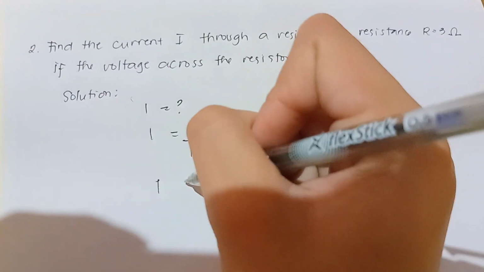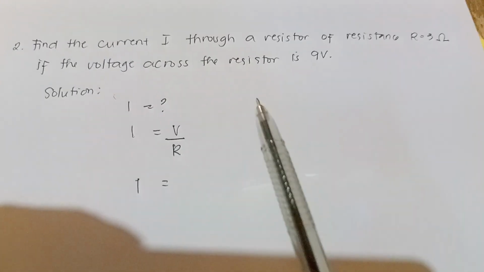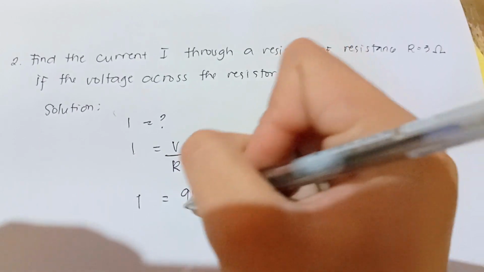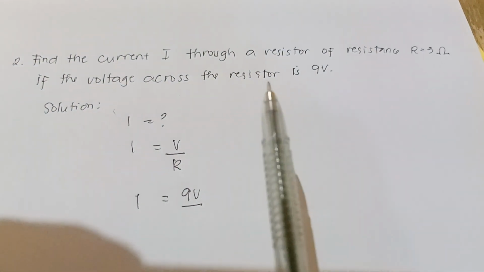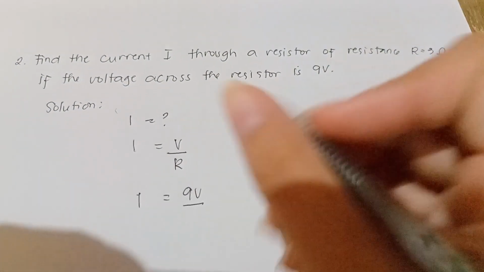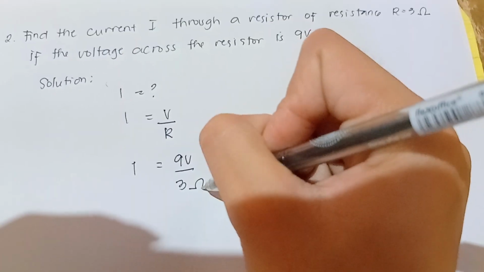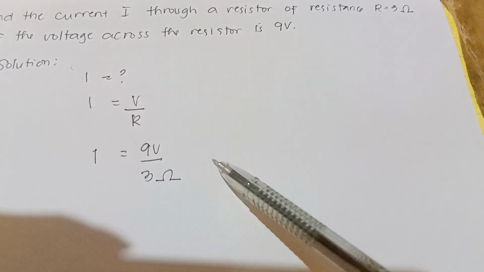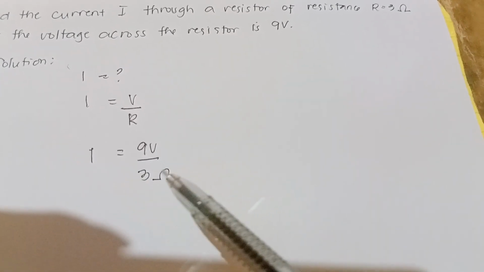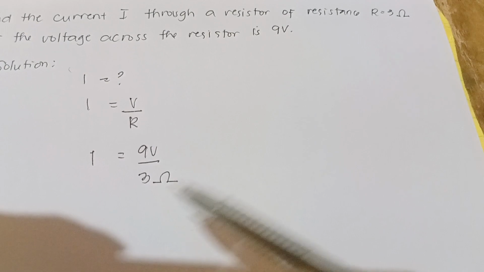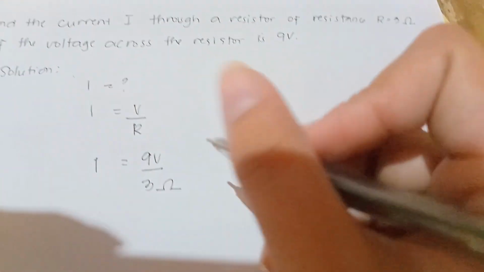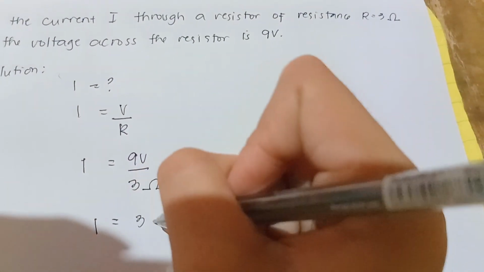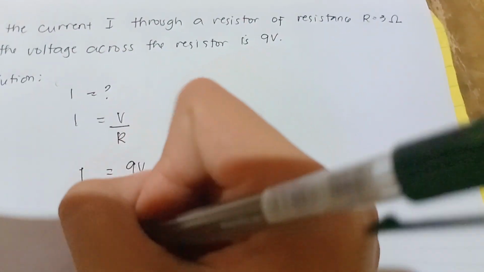So I is equal to, the voltage here is 9 volts, and the resistance is 3 ohms. So to get the answer, you need to divide 9 volts by 3 ohms. So 9 divided by 3 is equal to 3. So the answer is current is equal to 3 ampere.